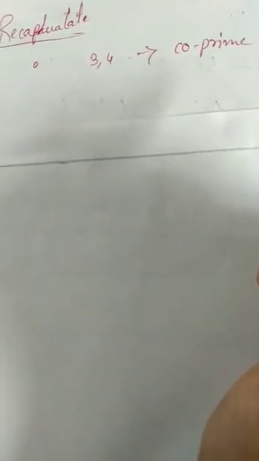One more thing we have learned in this chapter is that if one number is a factor of another number, then their HCF is the smaller number and their LCM is the larger number. And the LCM of two co-prime numbers is equal to the product of the numbers. Alright, so you should remember these things and go through the chapters properly, and look at all the videos.